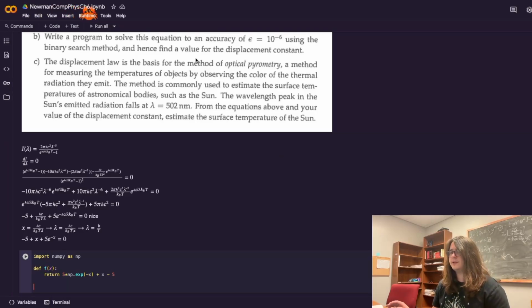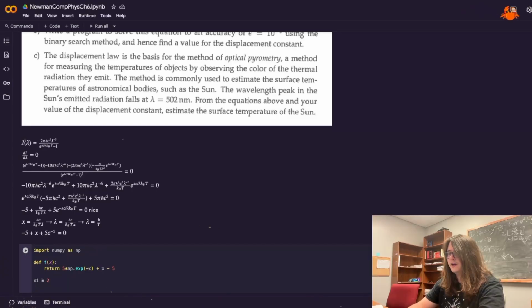The idea of the binary search method is you start with 2 initial guesses that you think are going to be on either side of the solution to the problem, right? So for this, I found that a nice pair of starting points is x1 equals 2 and x2 equals 8.